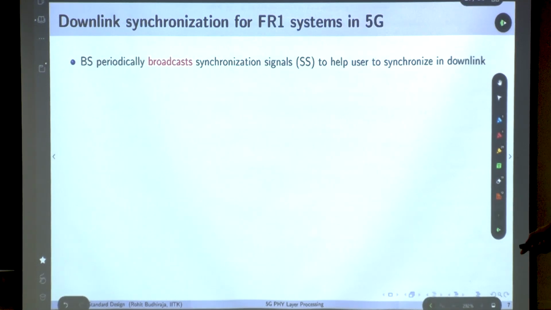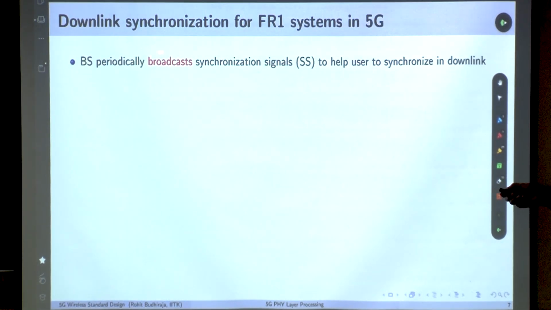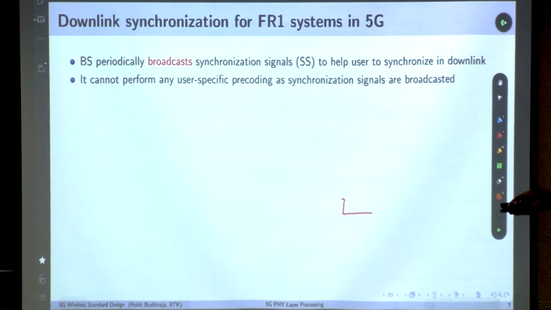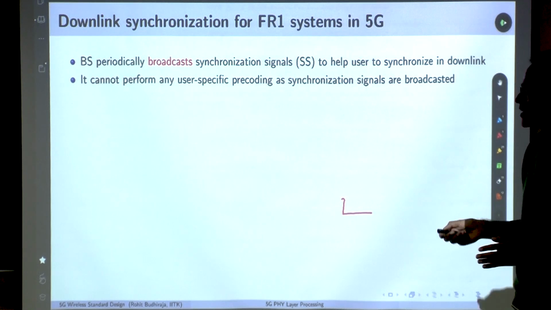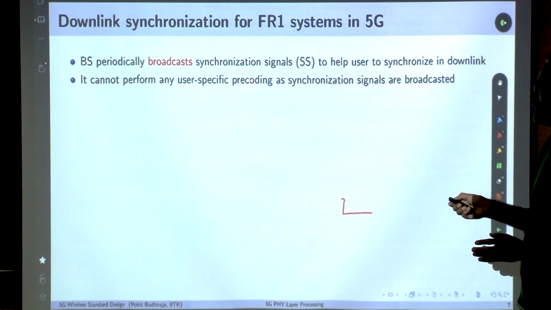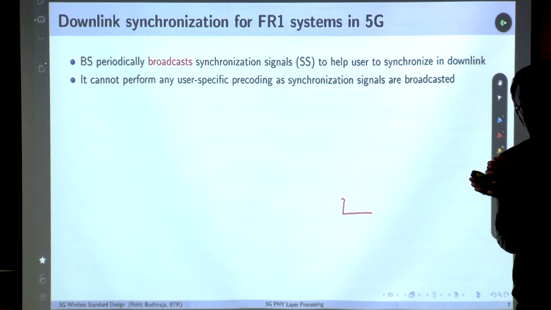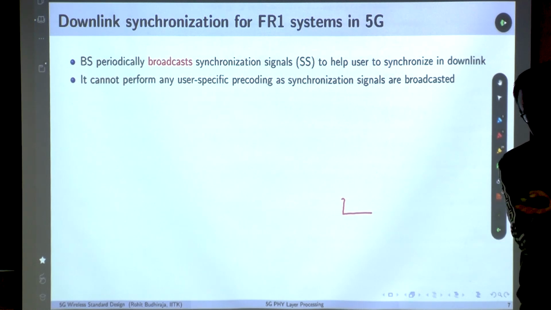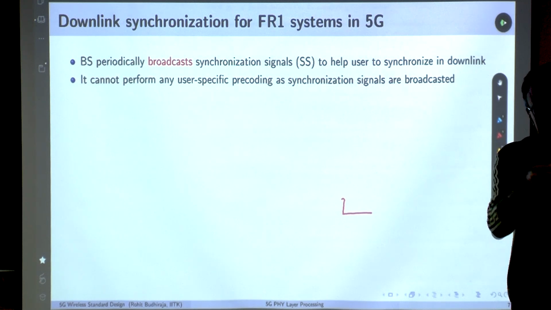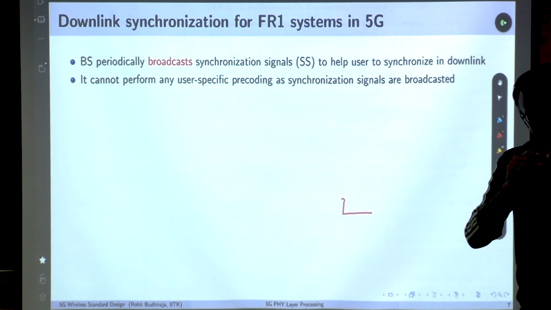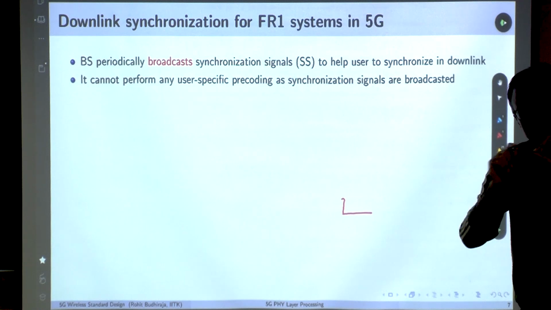As I said, the base station periodically broadcasts the synchronization signal to help the user synchronize in the downlink. Now see this, it cannot perform any user-specific precoding because they are broadcast signals. You cannot precode them for a particular user. Whatever we have learned till now, in the fully digital architecture or otherwise, you always precode with respect to a specific user.